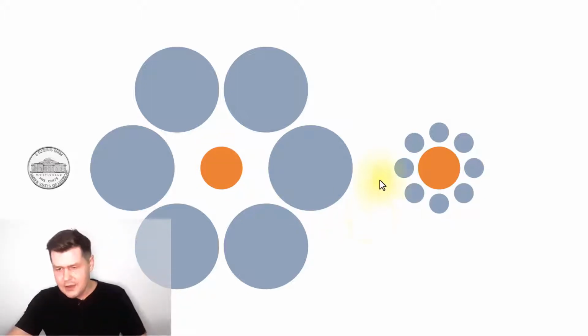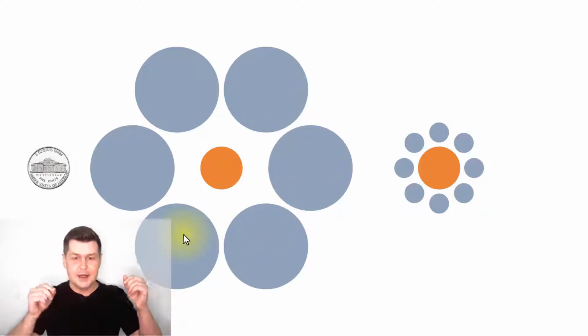Well, why is that? Well, look on the outside here, around this orange circle, around the one that looks bigger to us, there's all these small circles all around it. So this circle is surrounded by small circles, but this orange circle has big circles all around it. All these circles are very big.